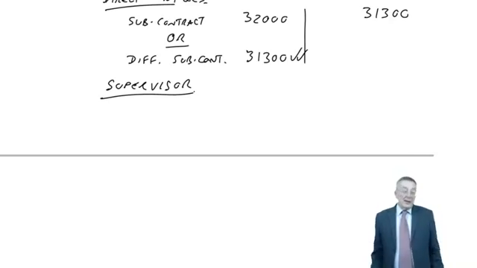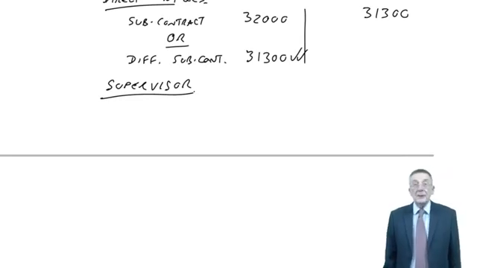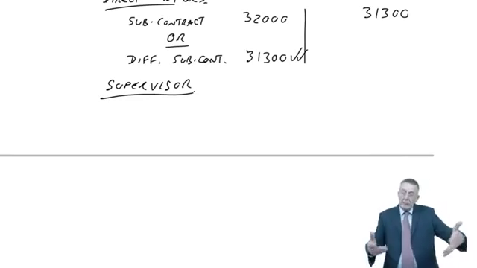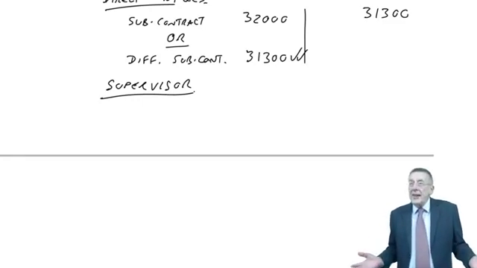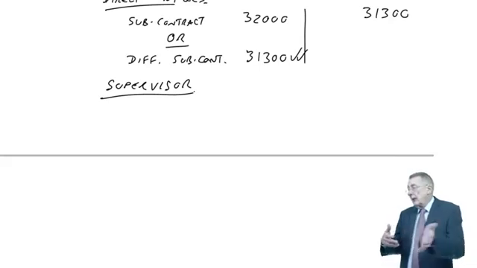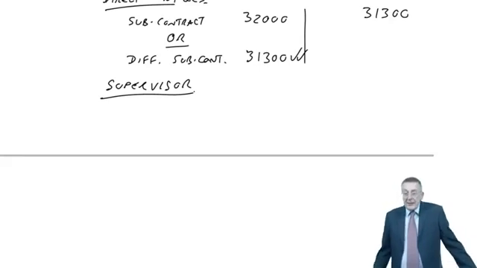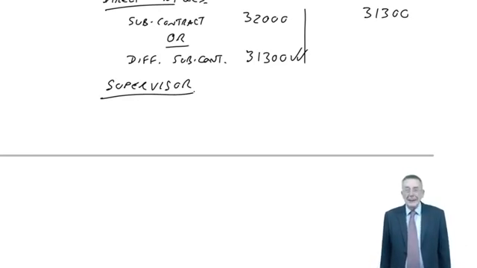So we've got a supervisor there who's paid a salary of 8,000. And surely, a bit like what we discussed in the previous one, they're going to be paid their salary of 8,000, whether they give them some extra work or whether we don't give them some extra work. They're paid a fixed salary, they're not paid for how much work they're actually doing.